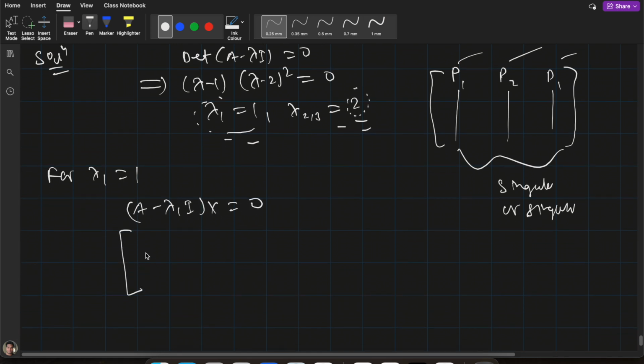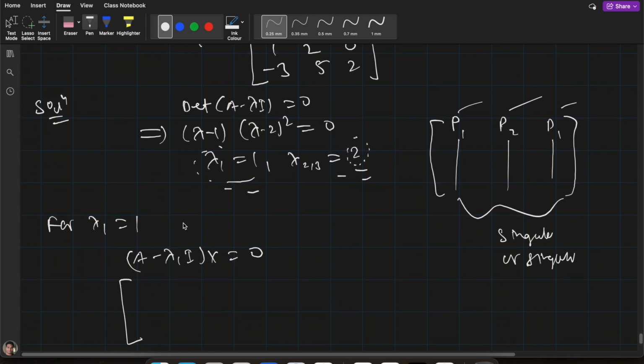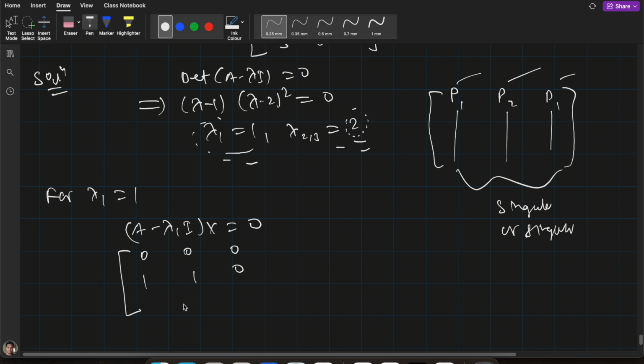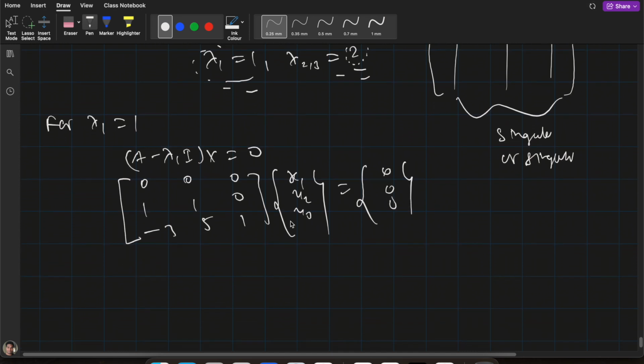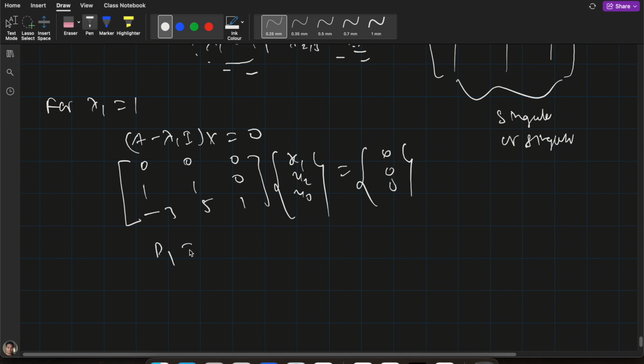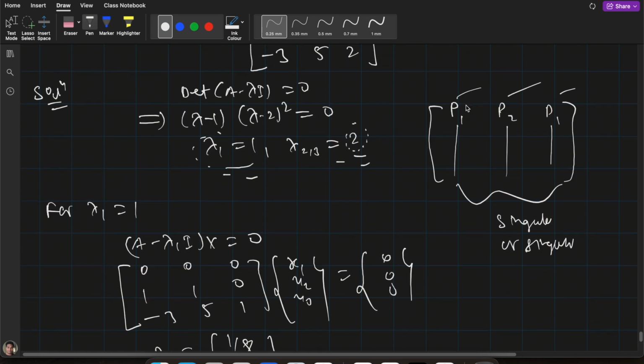So that is 0 0 0, 1 1 0, minus 3 5 1, and x1 x2 x3 equal to 0 0 0. So for this eigenvalue you will get p1, you can solve it, 1 by 8, minus 1 by 8 and 1. This is the first column.